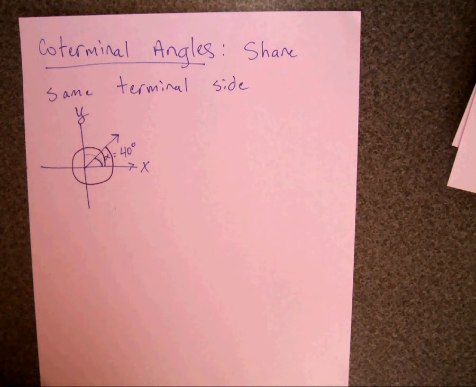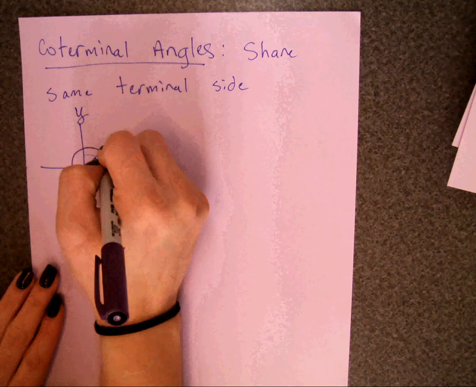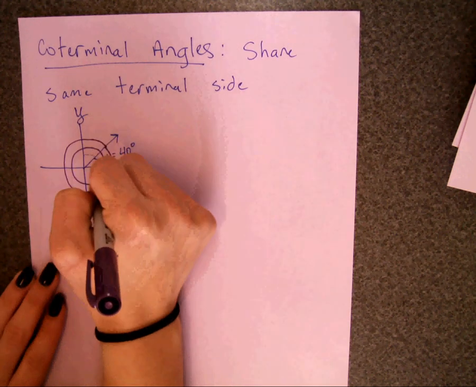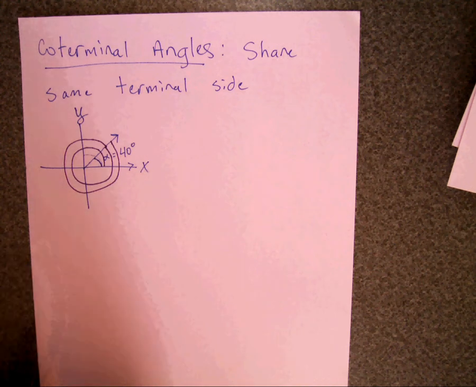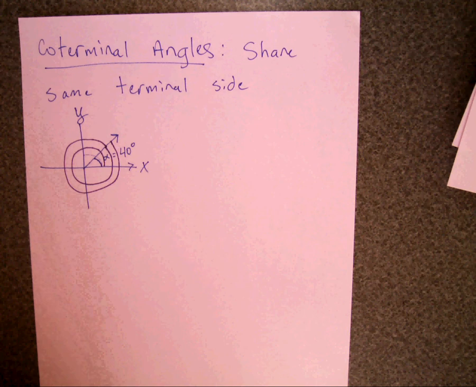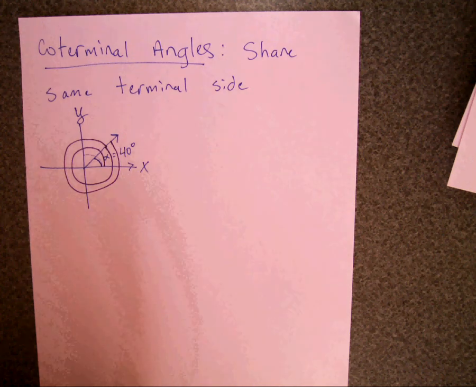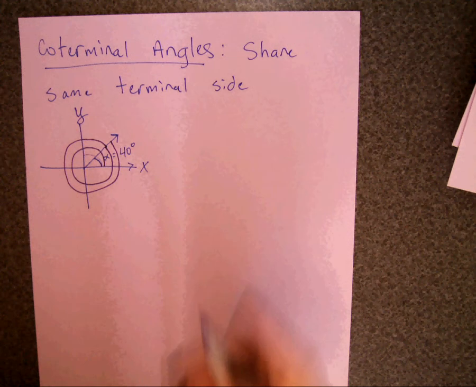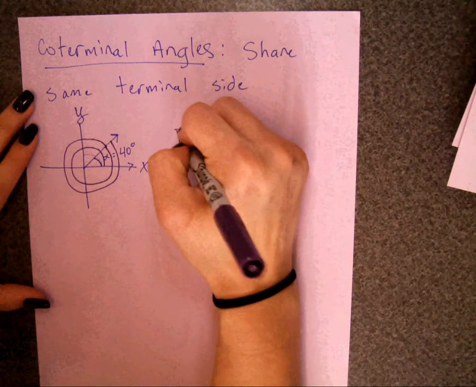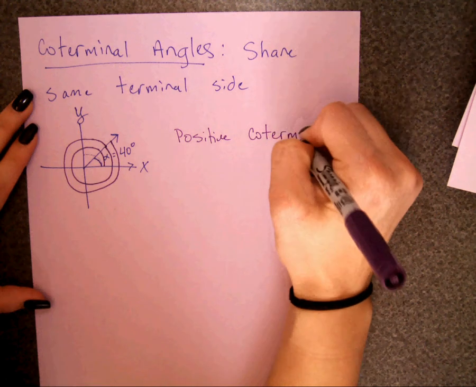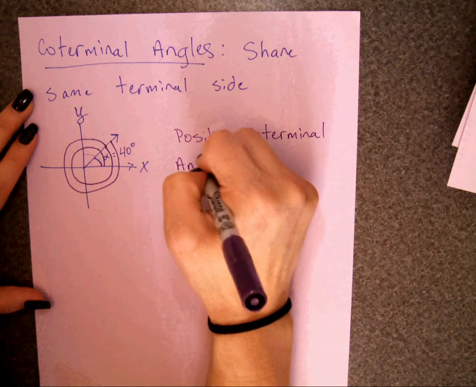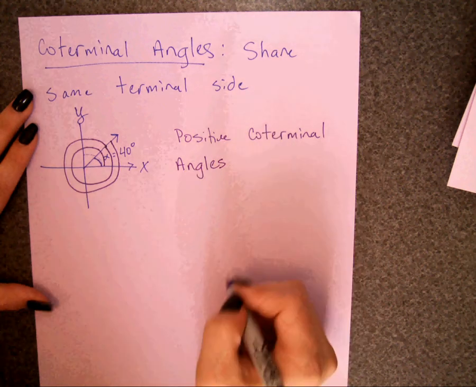And if I looped around another time, adding another 360, and ending again where angle alpha ends, I found a second positive coterminal angle. So all I'm doing is adding 360 degrees each time. So the way we find positive coterminal angles, let's call them angle beta.